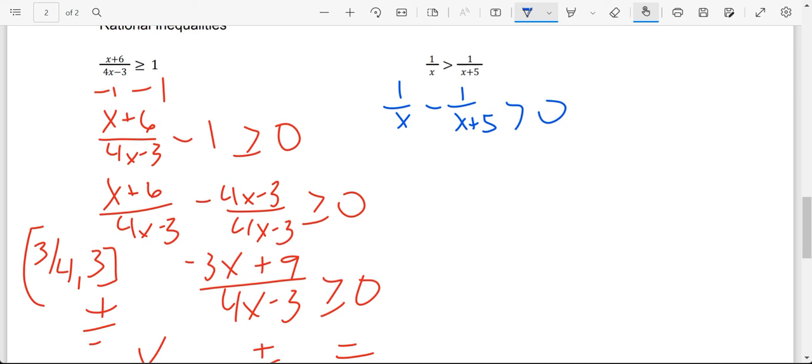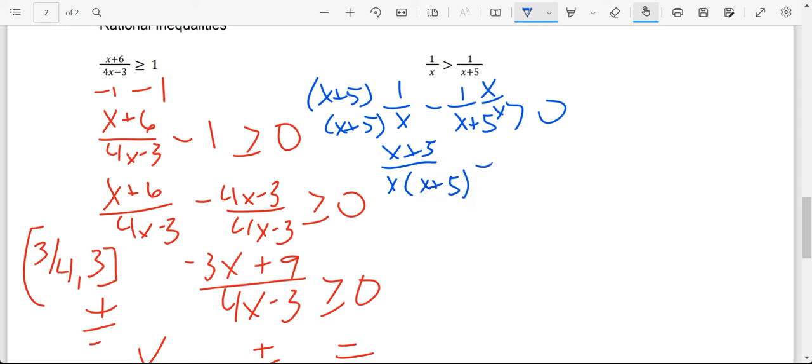Common denominator is going to be a little trickier this time, because I need to multiply the top and bottom by x plus 5 for that fraction, and x over x for this one. Don't distribute yet, okay? If you distribute, you might end up doing more work for yourself later. So leave it as x times x plus 5 in your denominator.